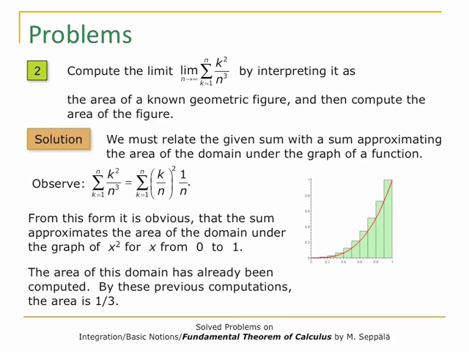But we already knew by previous computations that this area is 1/3. Hence even integration was not really necessary. And we conclude that the limit as n goes to the infinity of the sum k from 1 to n, k squared over n cubed, is 1/3.